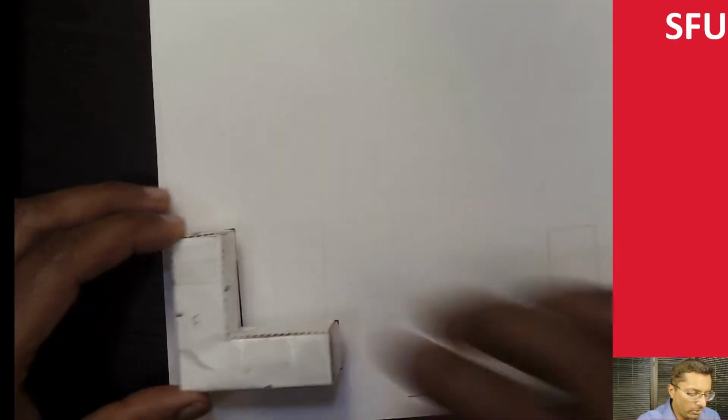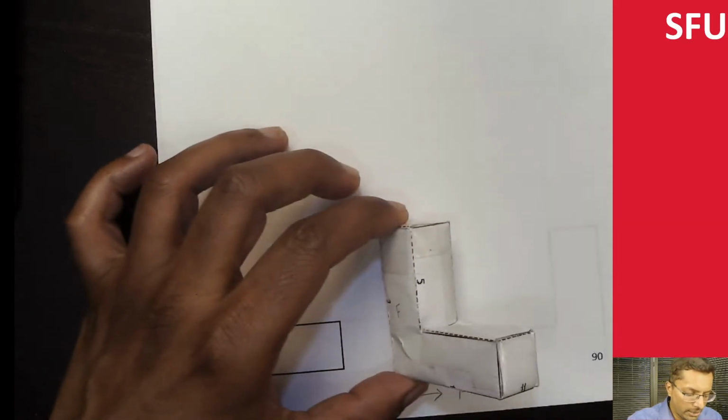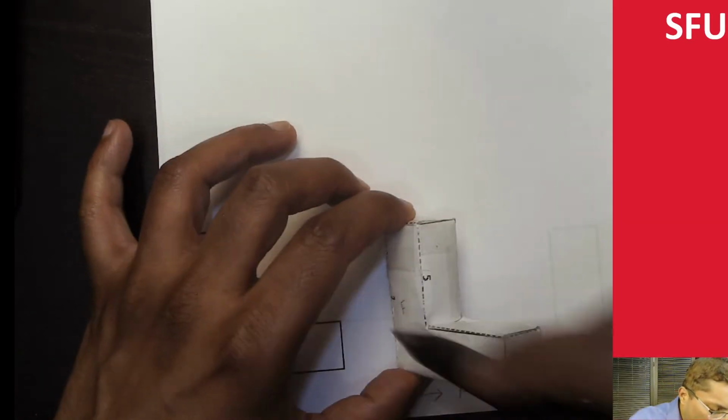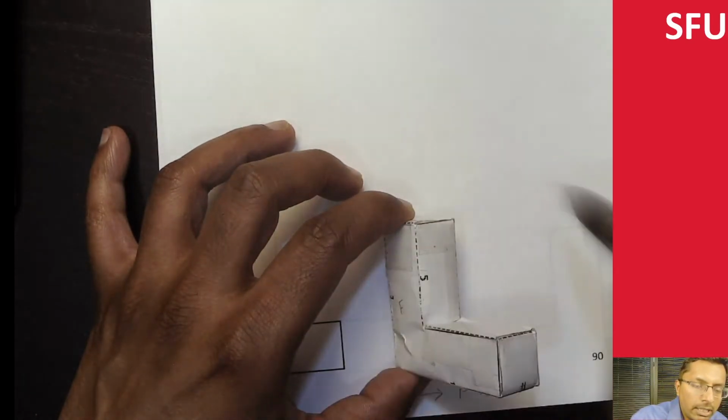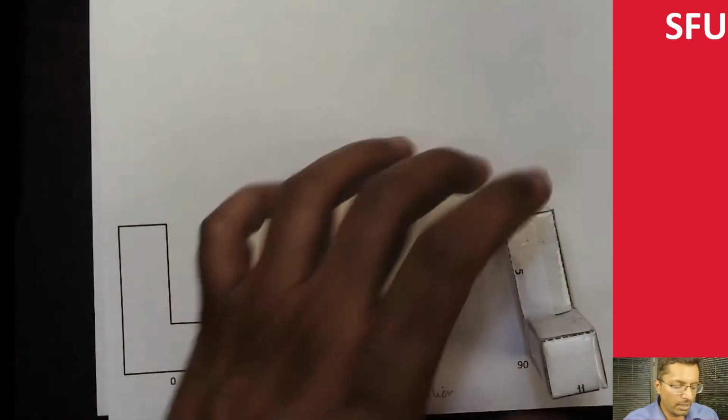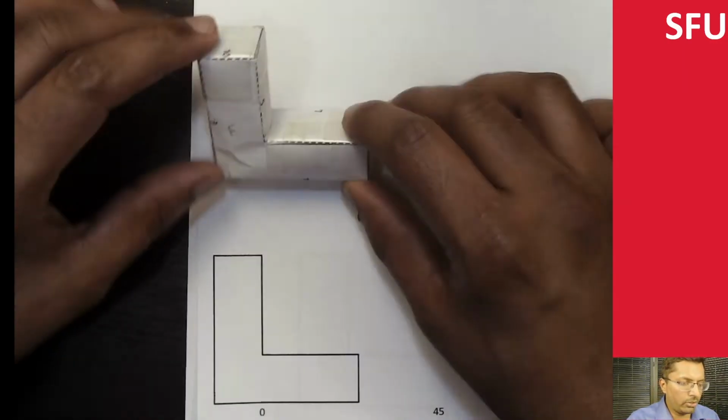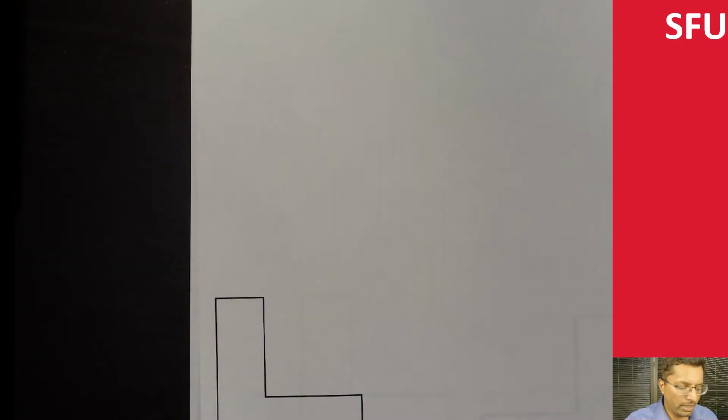But essentially, what you're going to do is rotate this. So you're going to stick your head underneath, and then try to trace these lines, rotate it further. So this will end up at about 90 degrees. And then from here, you rotate by 45, and then rotate it further, and then you get a shape.